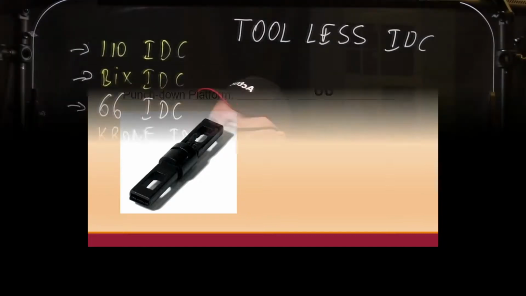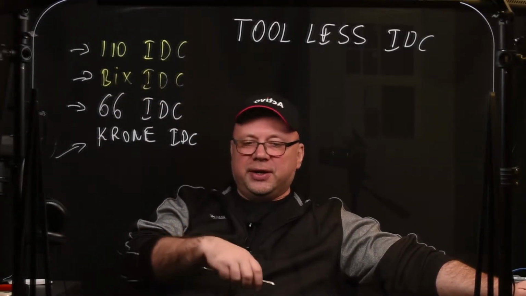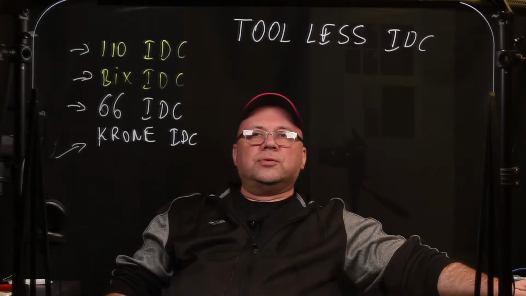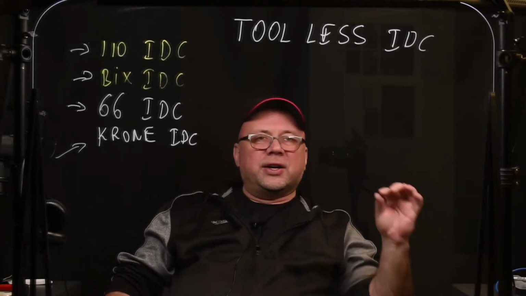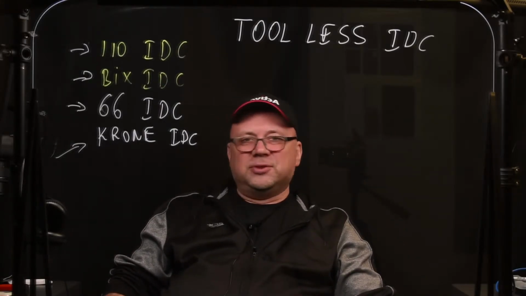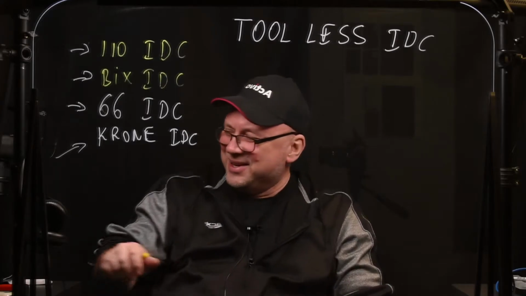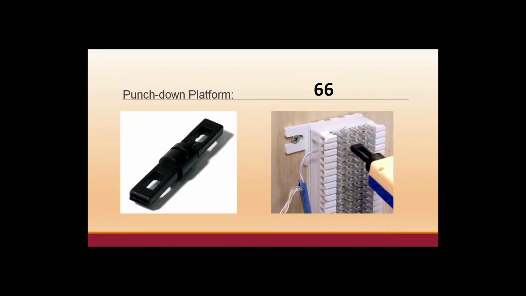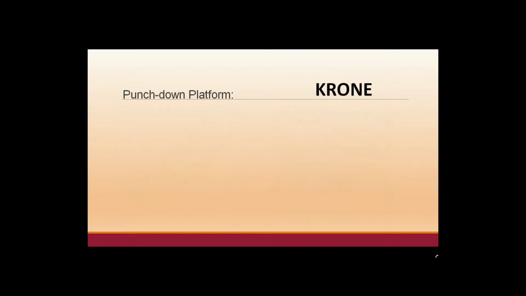There's not enough installations that we do here in Canada that involve 66 blocks, and if we have to do one or two wires, I shouldn't say that, but sometimes we just use needle nose pliers. Okay. All right. Now that's what the 66 block looks like, and that's how things are being punched down onto it.